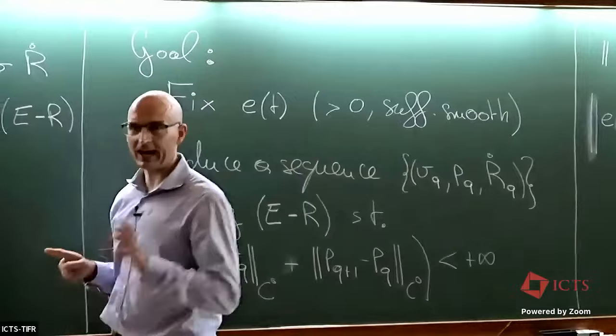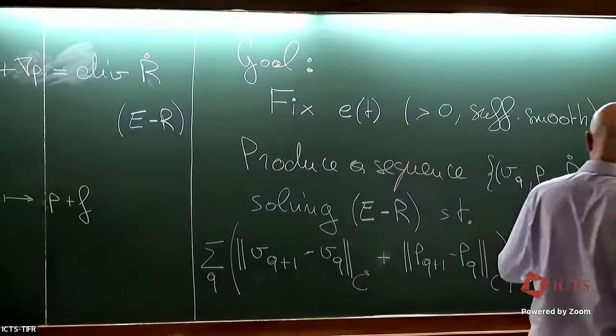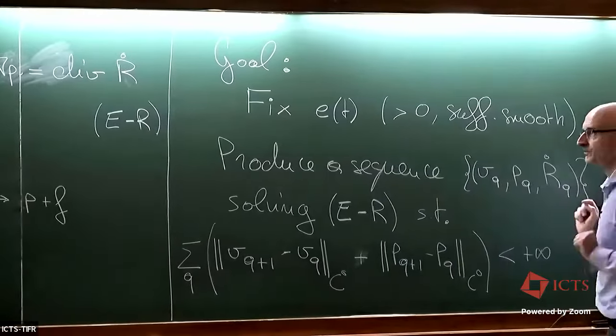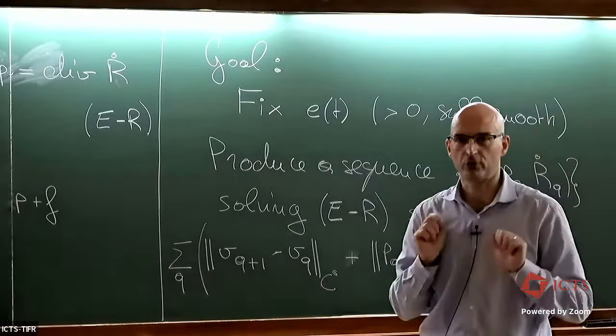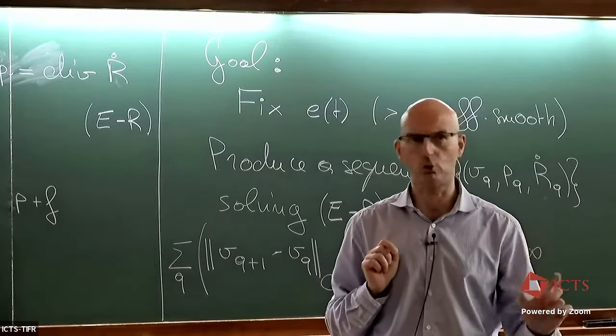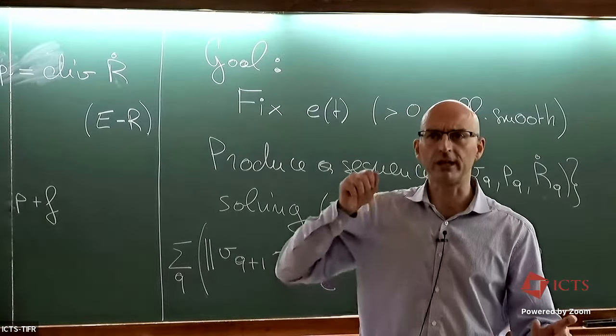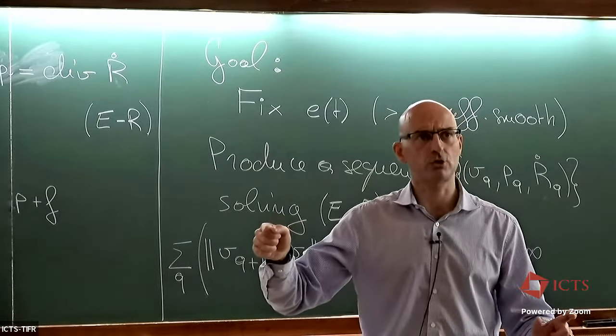So rather than looking at the system as a system in 3 unknowns, I'm really thinking about the following. I solve for the divergence-free equation in V. So I'm looking at the divergence-free vector field, and then I'm looking at a scalar function, which is going to be my pressure.